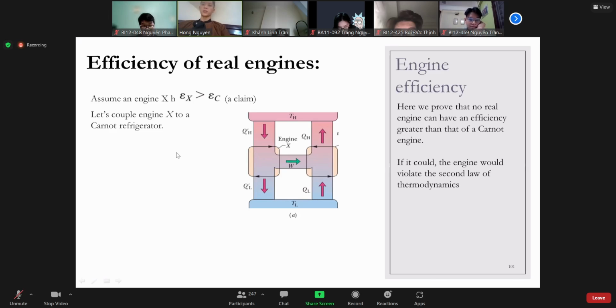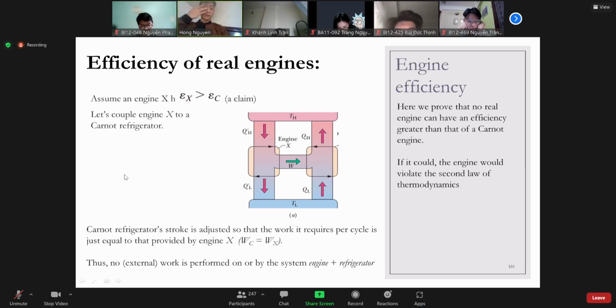Now, what we do is that we couple our engine, this one engine X, to a refrigerator, this one. Then we adjust the Carnot refrigerator stroke so that the work it requires per cycle is exactly equal to that provided by our engine, this one.